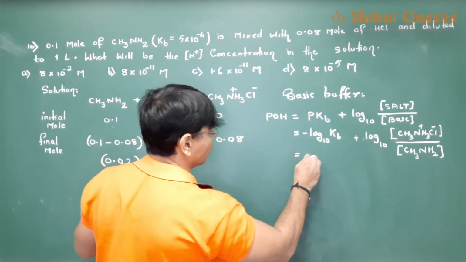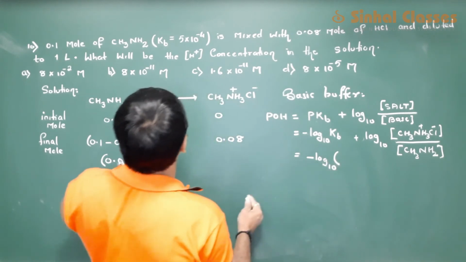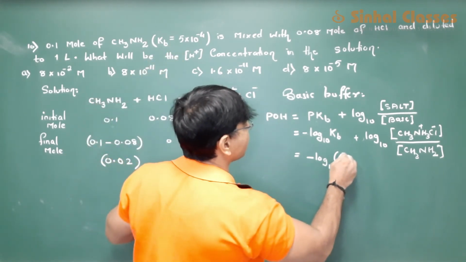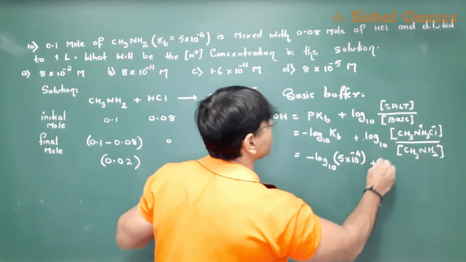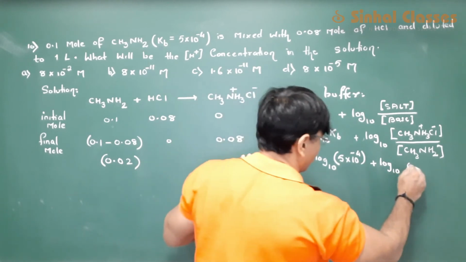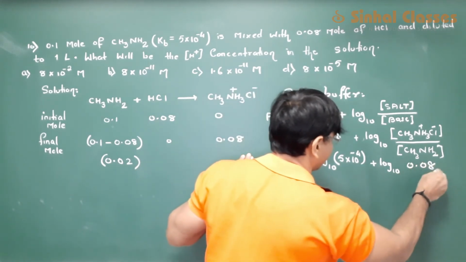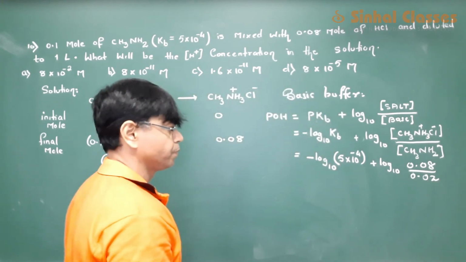So now negative log to the base 10 of 5 into 10 raised to minus 4, plus log of 0.08 divided by 0.02.